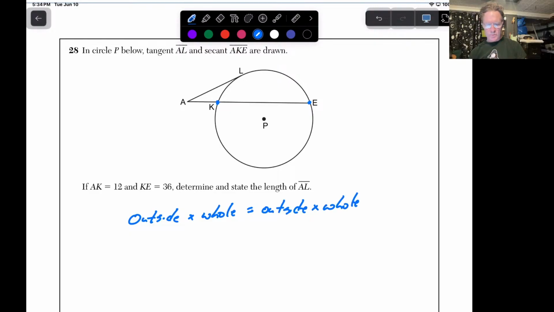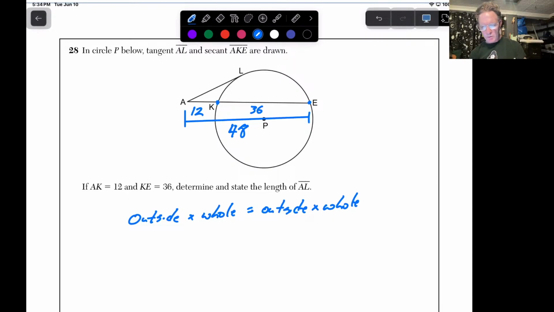And what do I mean by that? So AK is 12, KE is 36. So what is the whole line segment here? That whole thing is going to be 48, right?